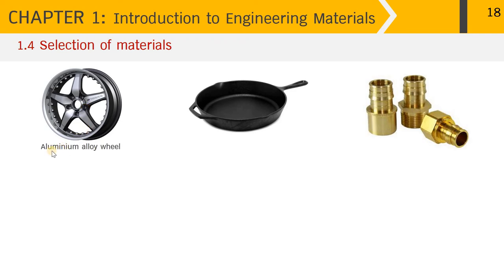Alright, the first one is made from aluminium because it's light and strong enough to support how it functions. And the second one, the fire pan, is made from cast iron because its thermal conductivity is very good for cooking. And the third one is brass because brass is known for being noble and good for corrosion resistance.